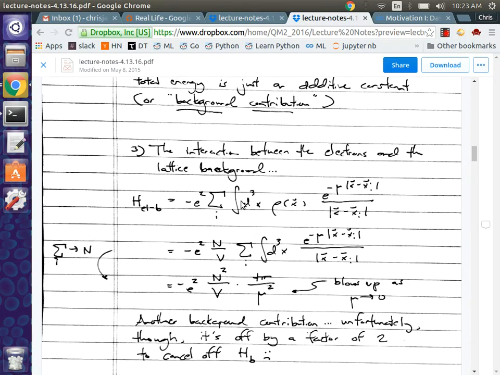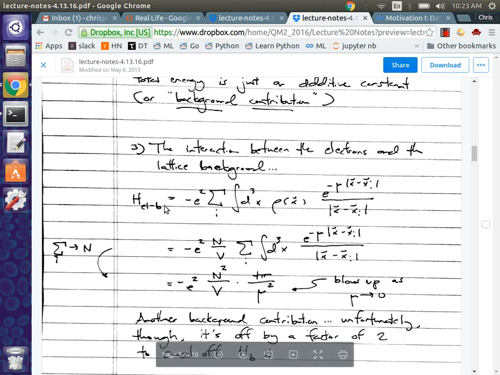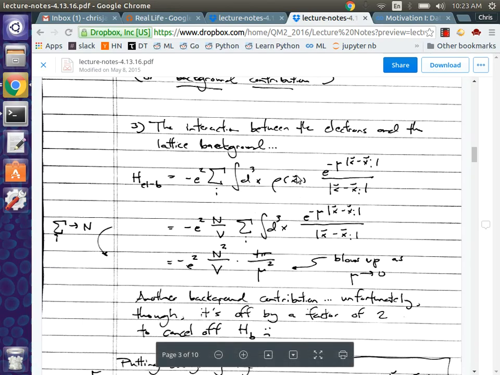The third term is the interaction between the electrons and the sites. B is the lattice sites, the background. So this will be the interaction of an electron with this number density.